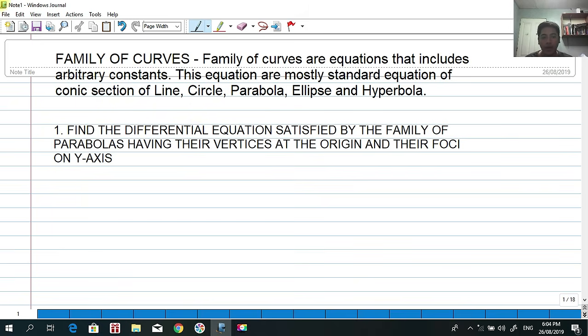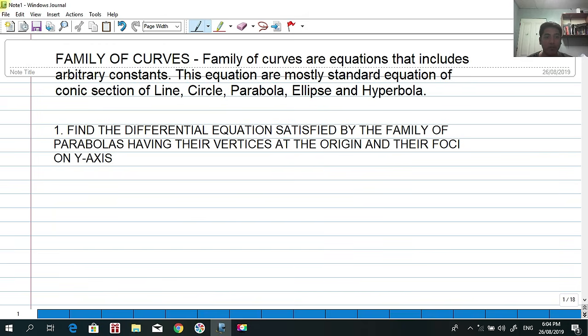So basically, what we are dealing with in this topic is, for example, finding the family of equations passing through the origin. In the application of differential equations, we may be able to find the equation of the family of those curves.